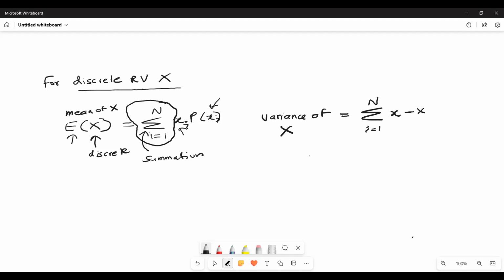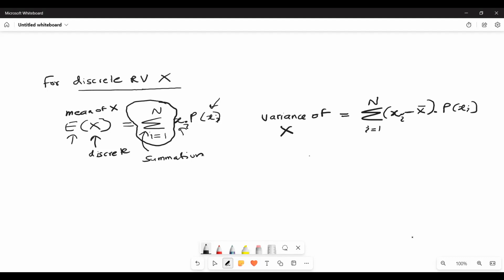The average value we can write as x bar, or mu, but I will use x bar here just to show that we are considering the discrete domain. Then we multiply this with the relevant probability of xi happening.